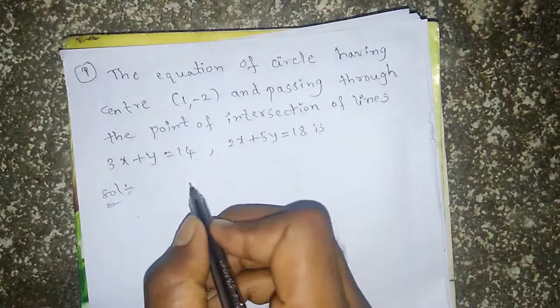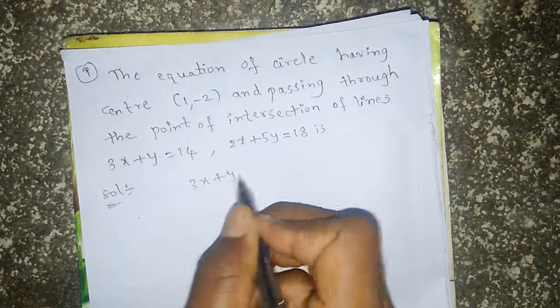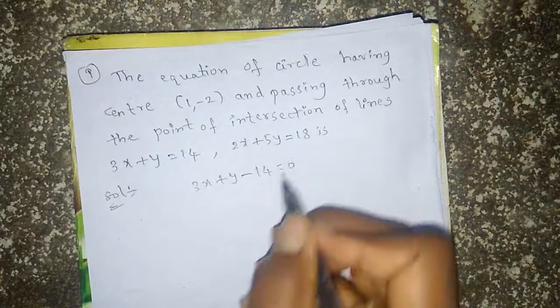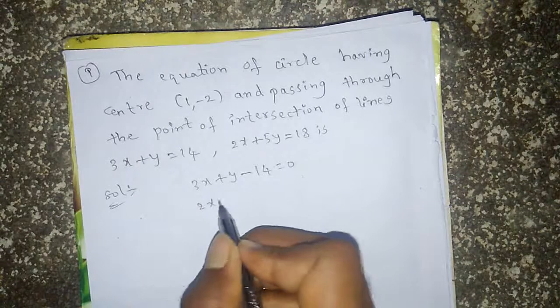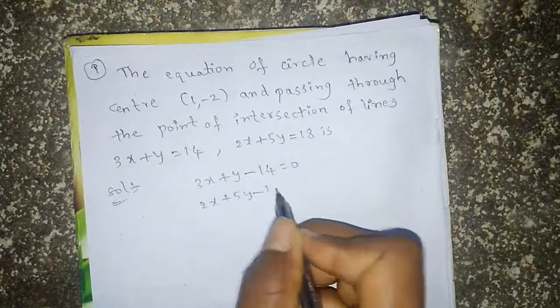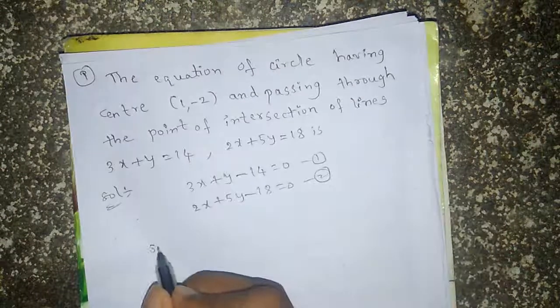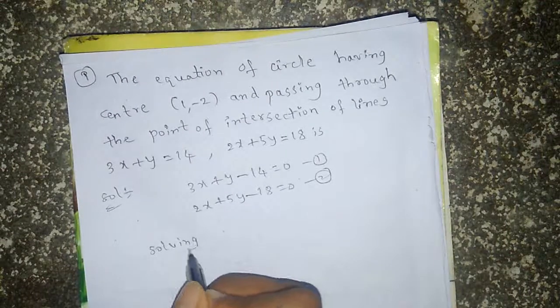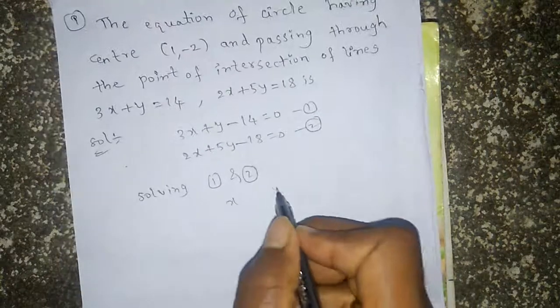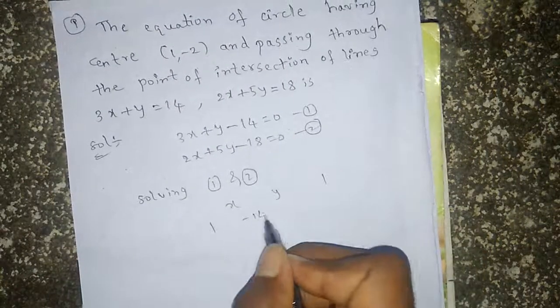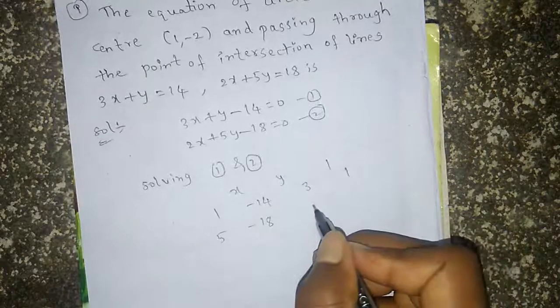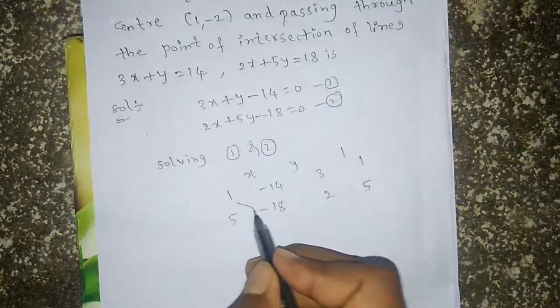Here the given lines are 3x + y - 14 = 0 and 2x + 5y - 18 = 0. Solving 1 and 2: x, y, 1 with coefficients 1, -14, 3, 1 and 5, -18, 2, 5.